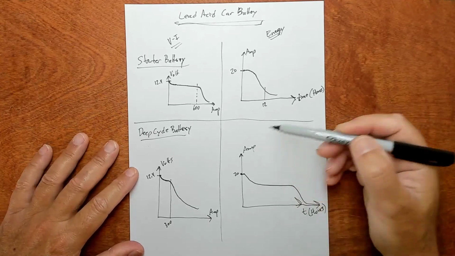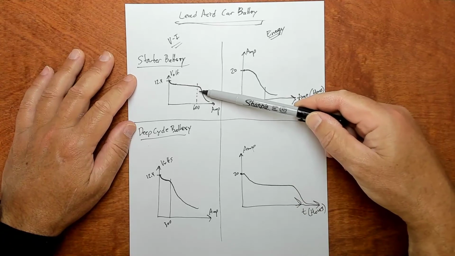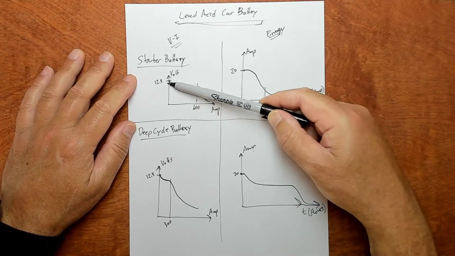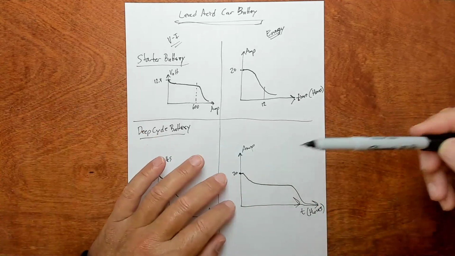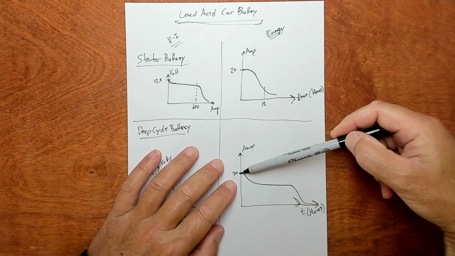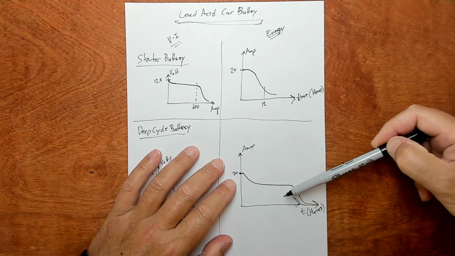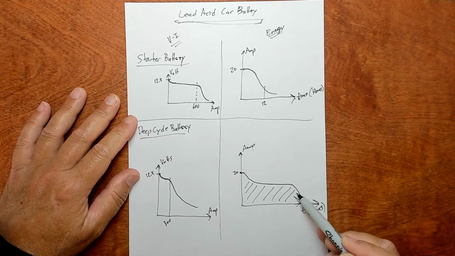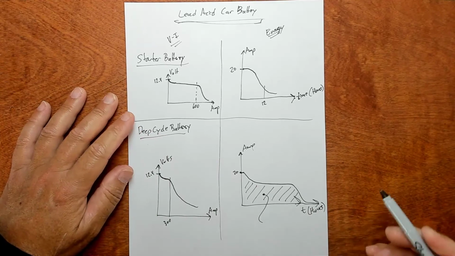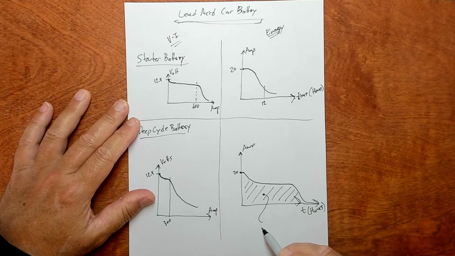To summarize, a starter battery might put out a high amount of current at a reasonable voltage, whereas a deep cycle battery doesn't. But the advantage of a deep cycle battery is it can put out a lower amperage for a long amount of time. So this corresponds to energy, the area under the curve. The amp hours in a battery aren't exactly energy because you still need to multiply by voltage, but it is proportional to the energy.